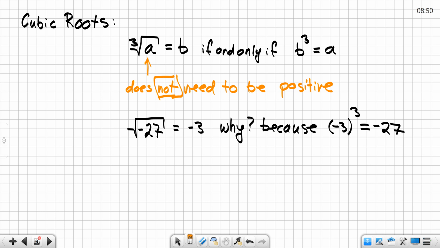For instance, the cubic root of a negative 27, that is negative 3. So in this case, I can get negative numbers. Why is it negative 3? Well, because a negative 3 in parentheses cubed is in fact equal to negative 27.